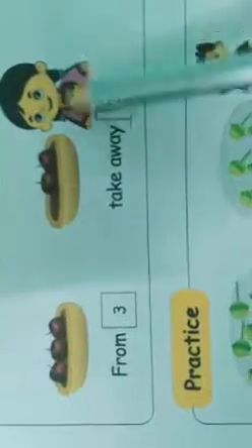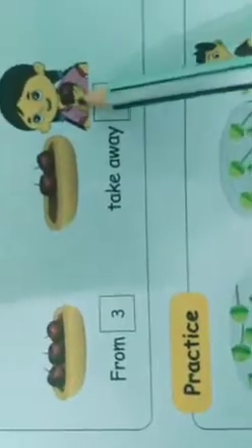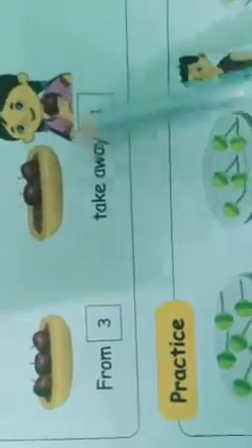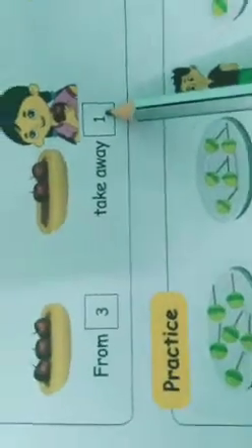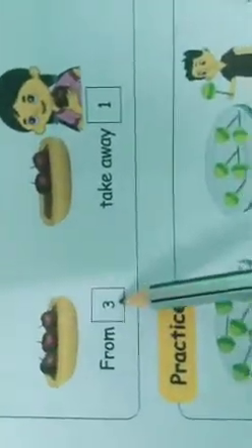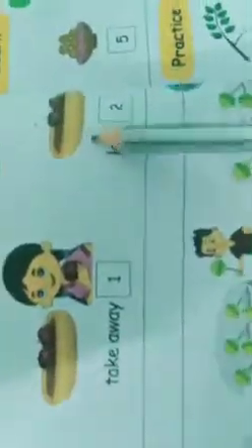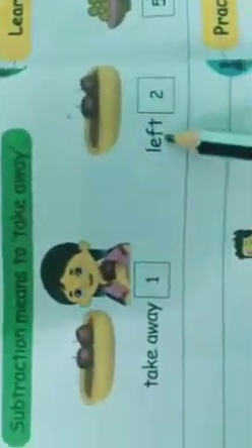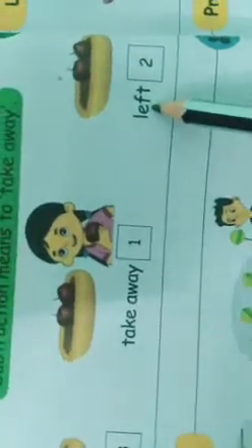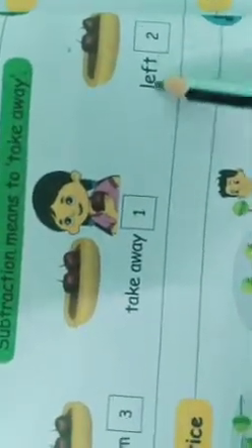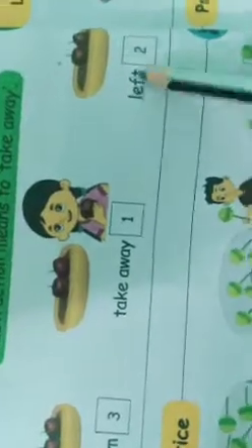From the 3 fruits, the girl has taken away 1 fruit. How many taken away? 1. Now finally, left means what? Yes, the remaining fruits. Now how many fruits are remaining? 1 2. This is the method of taking away.